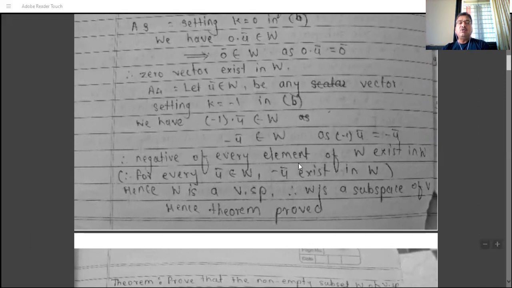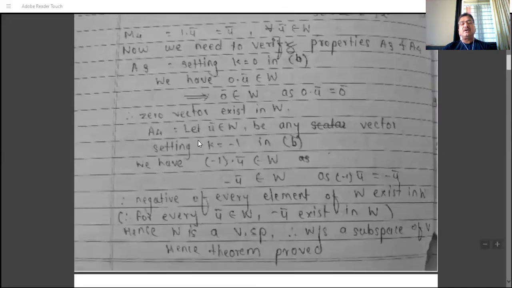Therefore the negative of every element of W exists in W, because U bar is any element of W, and minus U bar belongs to W. That is, for every U bar belonging to W, minus U bar exists in W. So this is property number A4, and hence W satisfies all the 10 conditions of a vector space, and therefore W is itself a vector space.